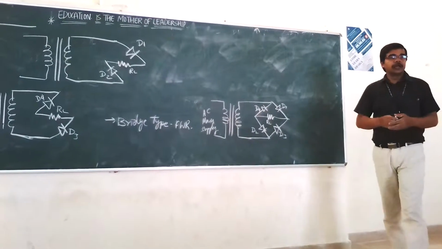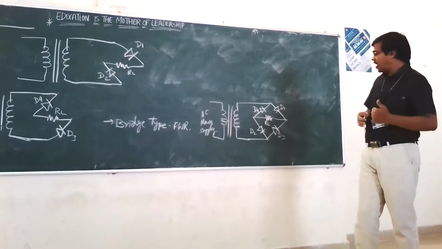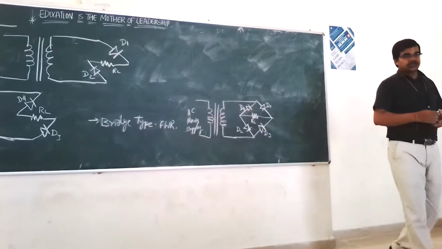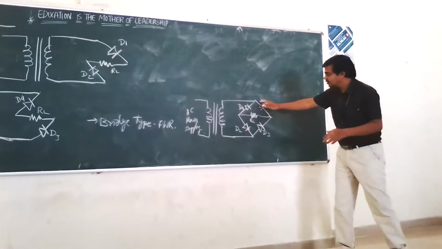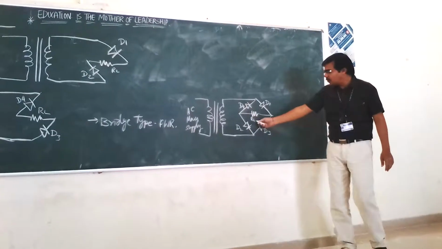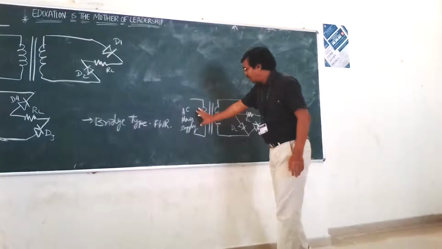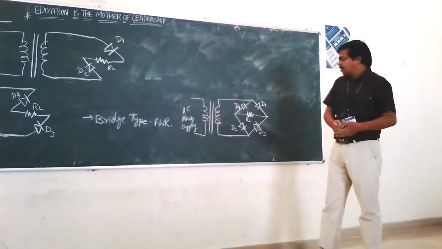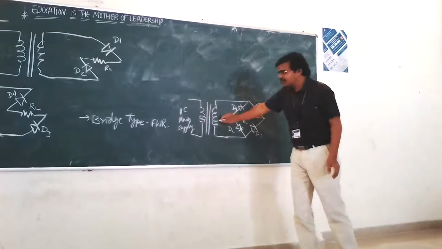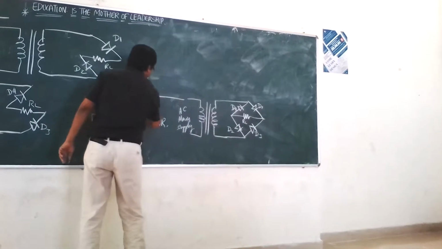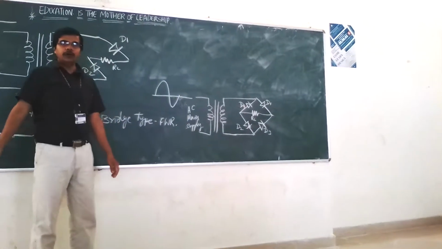In the bridge type full wave rectifier, we are introducing 4 diodes, and you have the load resistance. From the secondary of the transformer, you have the sinusoidal input.